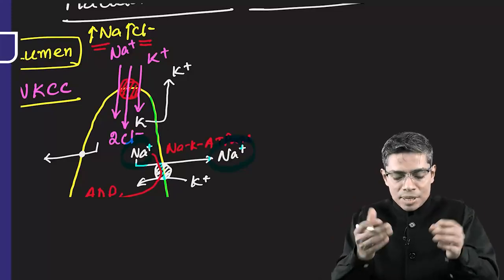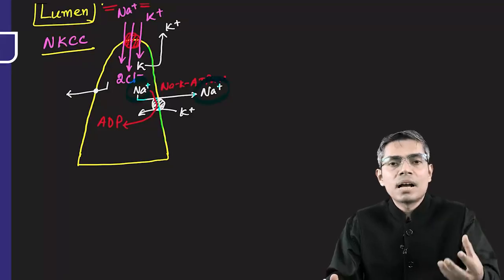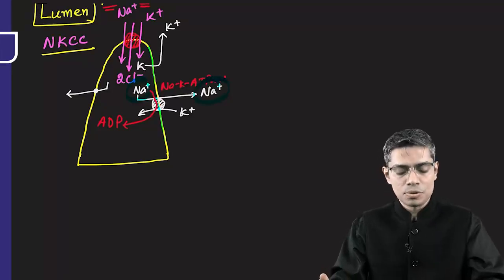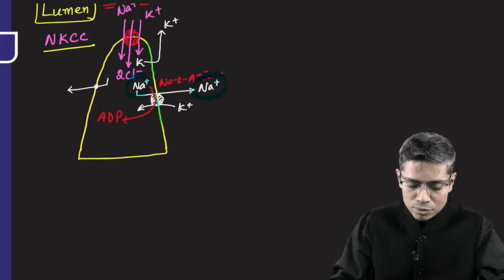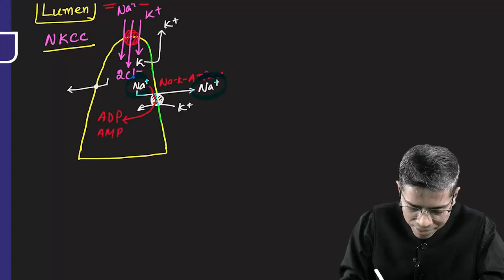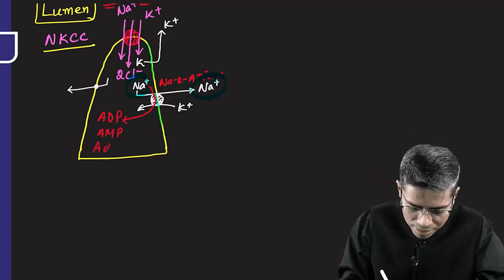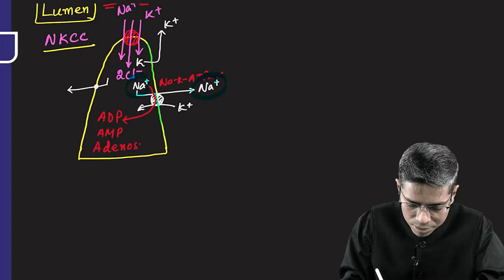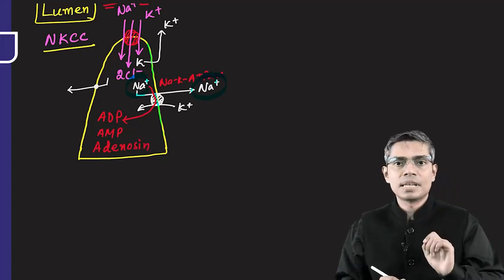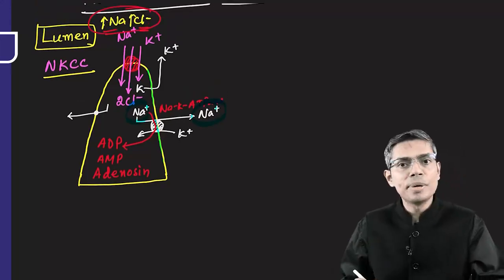More sodium chloride means the pump is hyperfunctioning and more adenosine diphosphate is produced. Now this adenosine diphosphate will be broken down further into adenosine monophosphate, and this adenosine monophosphate will be broken down further into adenosine.